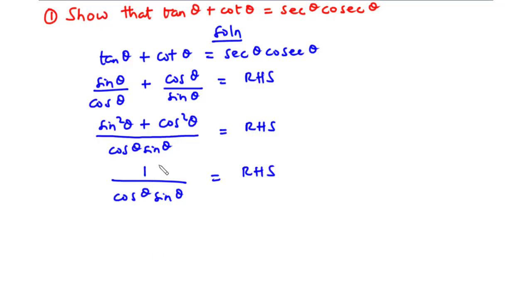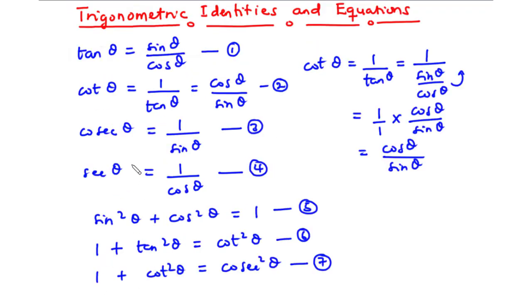Now we can simplify this expression as 1 over cos theta times 1 over sin theta. And we know that 1 over cos theta is equal to sec theta, and then 1 over sin theta is equal to cosec theta. Therefore, we have sec theta times cosec theta.